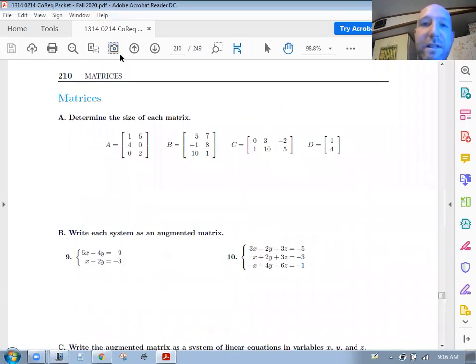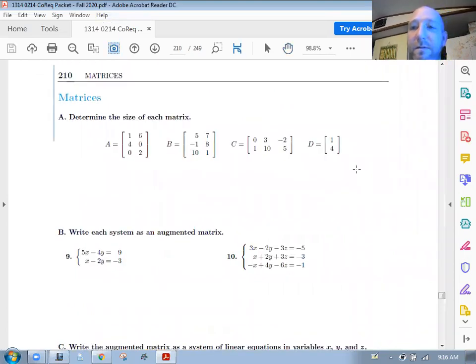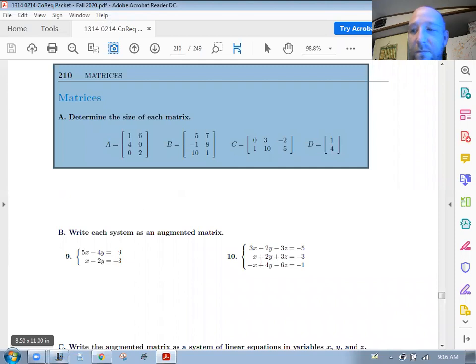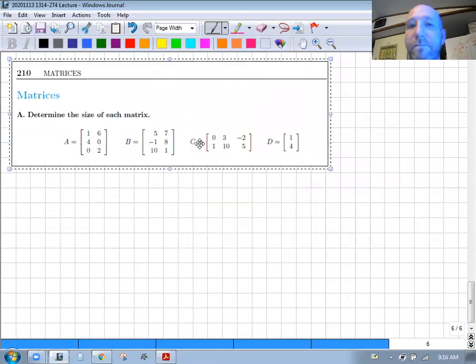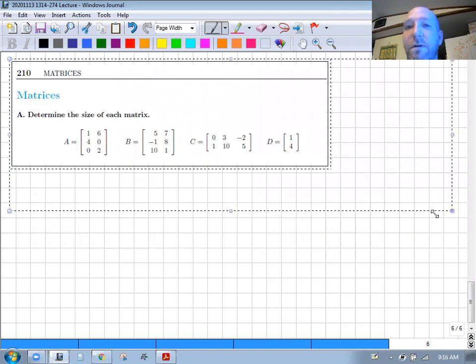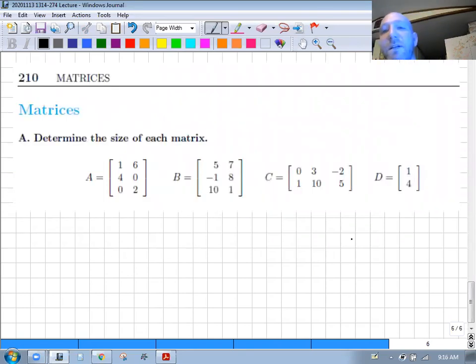All right, 210 matrices. Determine the size of each matrix. Whenever you talk about matrices, it's always rows first and columns second.